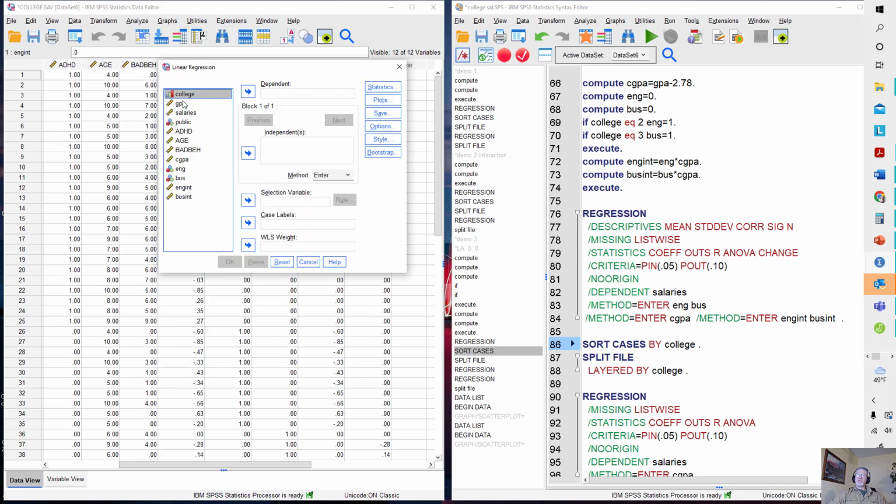So I'm going to go ahead and put in, to start off with, engineering and business looking at salaries. So my 2 dummy codes in 1 set, and hence a block.